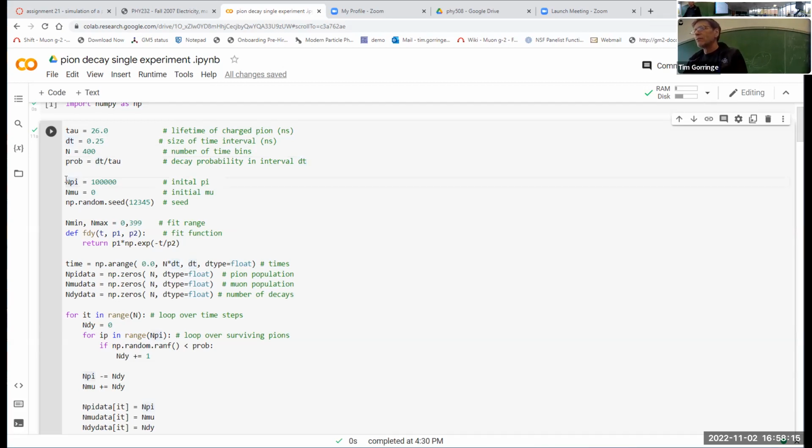Okay, so then I'm going to imagine simulating a particular experiment. In any particular experiment, I would have some number of pions that I would measure. So I'm going to pick the number of pions, and I'm going to start with no muons. So set those initial conditions.